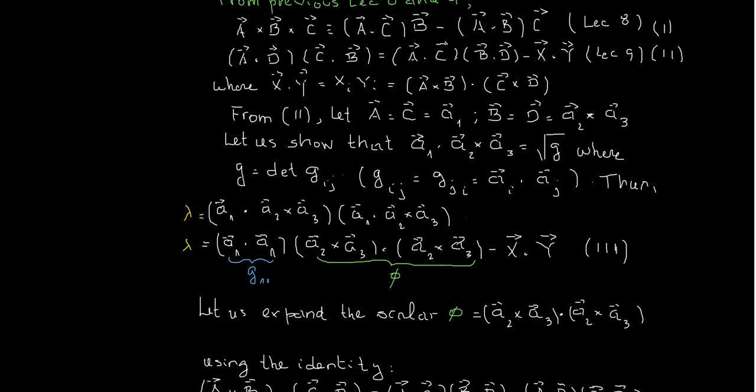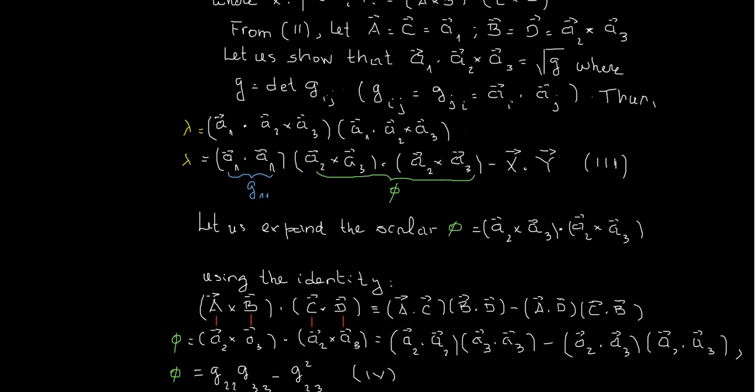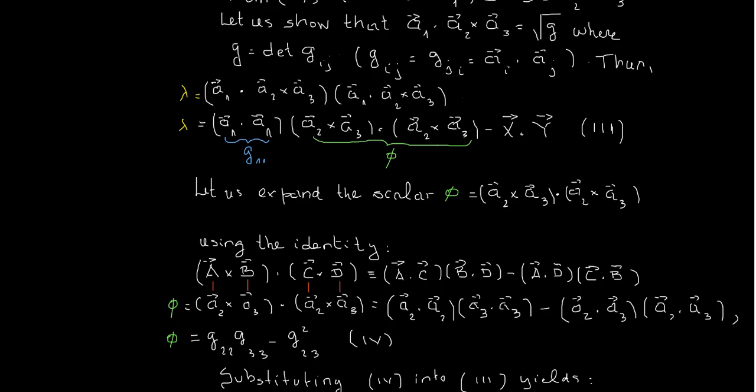Again, phi is the dot product between this vector and the same vector, A2 cross A3. Now, I use the identity that, again, I already derived.